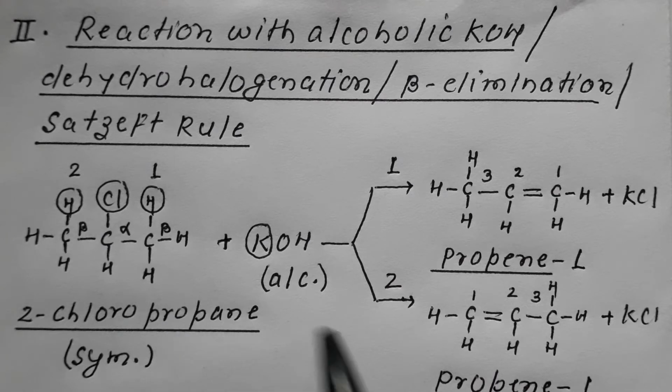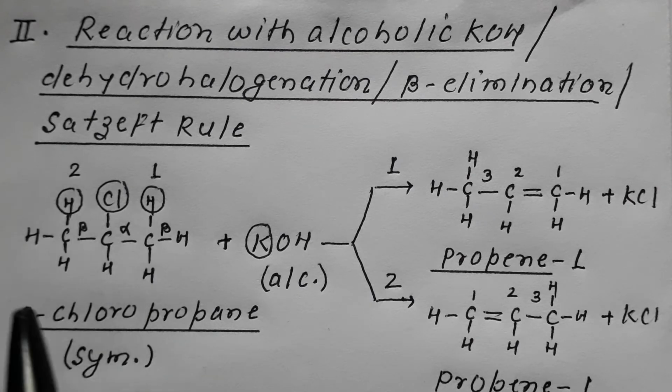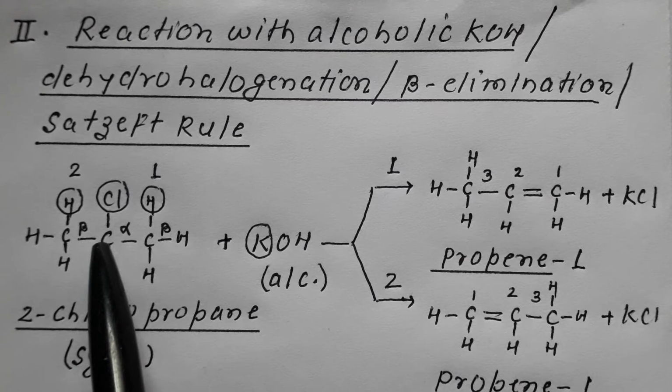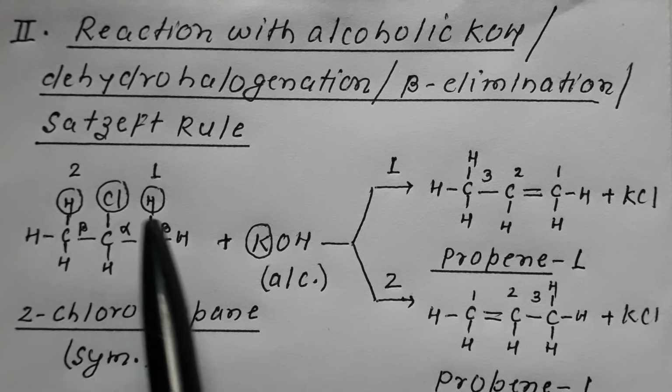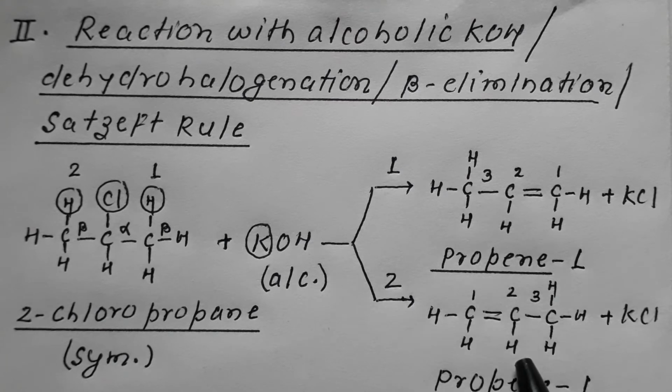Now if instead of hydrogen 1, hydrogen 2 gets eliminated, then the product would be CH2 double bond CH single bond CH3, plus KCl plus water molecule.